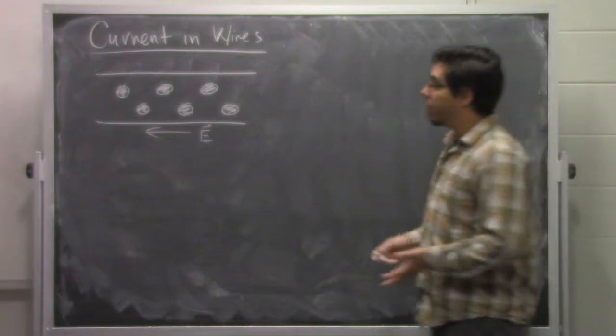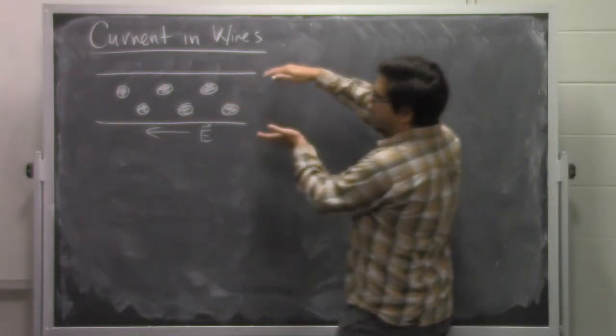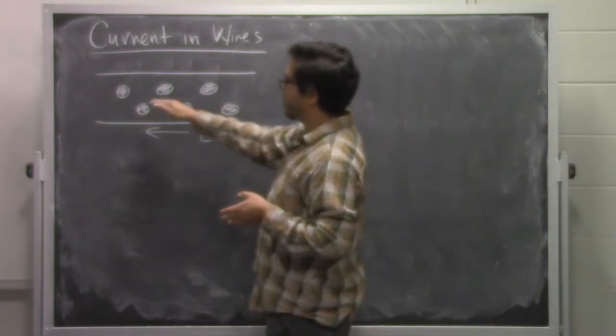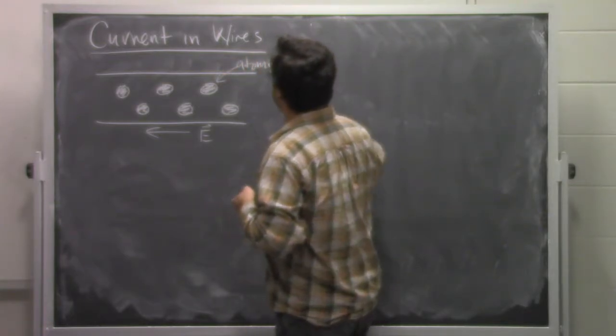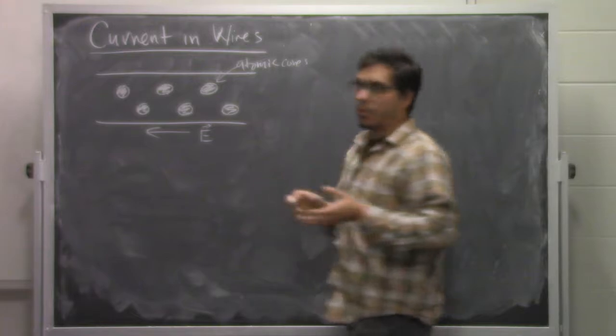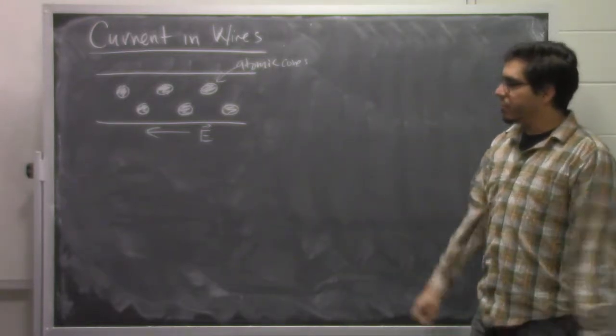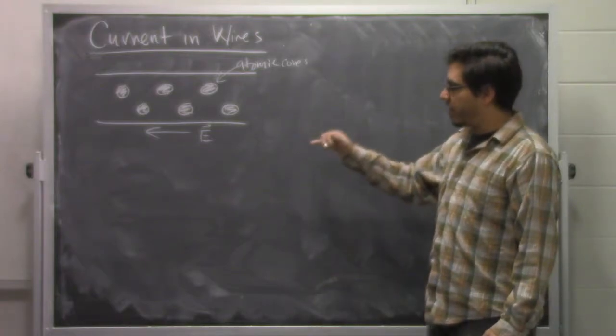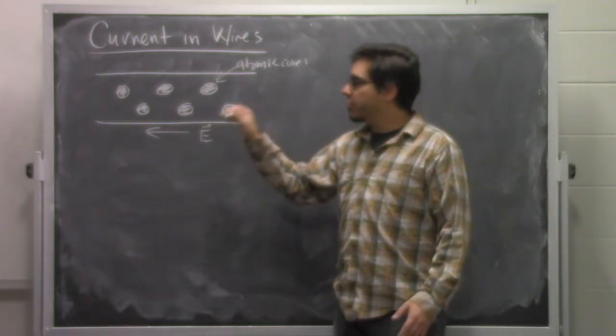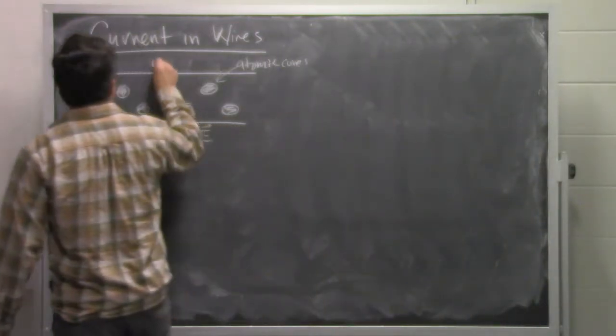So what I have here is a wire that I've zoomed in on, and that wire has these atomic cores, right? A wire is made out of stuff, so there are atoms in it, and those atomic cores make up the material themselves. There's an electric field associated with a surface charge gradient that points to the left. So we would expect there to be an electron current that points to the right.